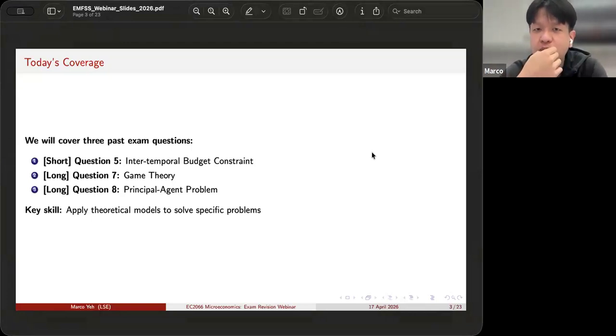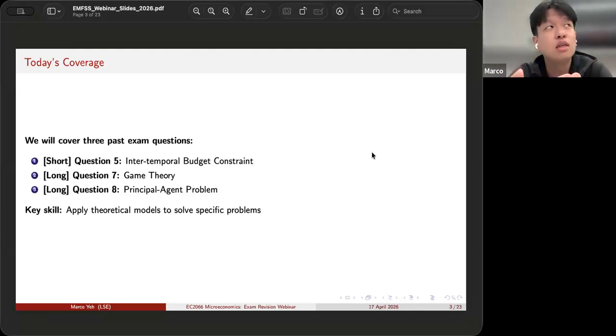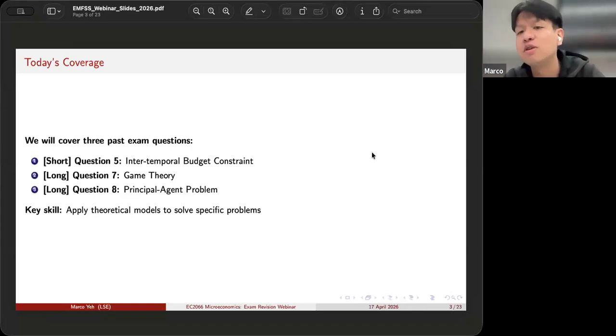But there's a comment from you. 2022 and 2023 are extremely difficult, where 2025 was easier. Well, of course, for each year, sometimes it could be easier, sometimes it could be difficult. It really depends on which sort of topic you are more familiar with. And if you see a familiar question, you feel easier. And if it's unfamiliar questions, you feel harder, right?